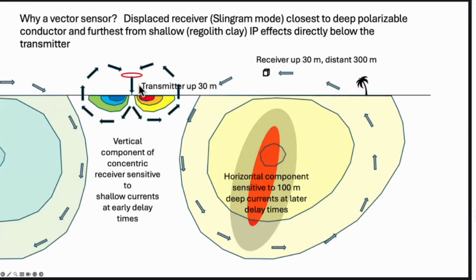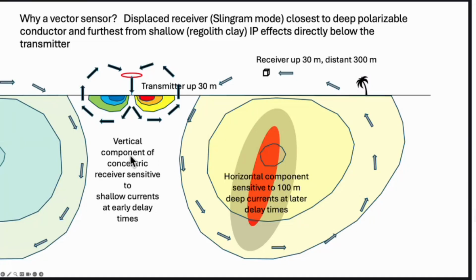Why is that the case? If we have a transmitter 30 meters above the ground that induces current in the ground, which at early delay times is close to the source, that moves downwards and outwards. You have to be about 300 meters out before the current center is down about 100 meters in a half space.